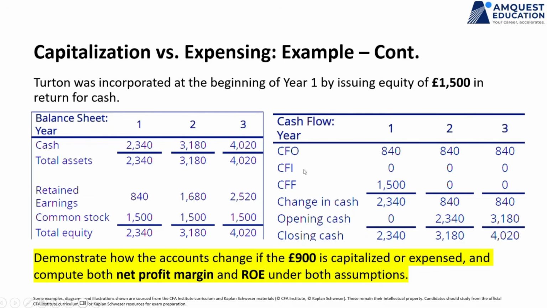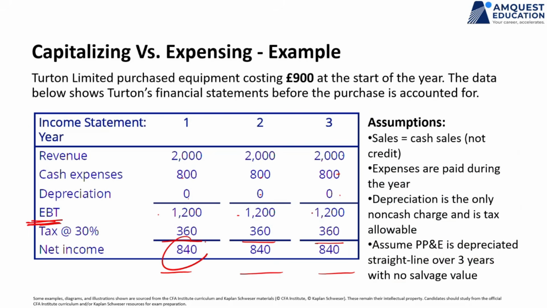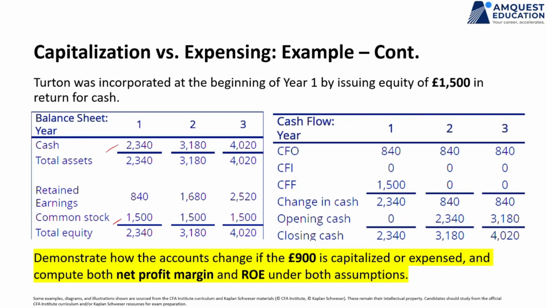Now, Turton was incorporated at the beginning of year one by issuing equity of 1500 in return for cash. So on your balance sheet, you had 1500 equity, cash 1500, but because you made a profit of 840, what happened after year one?